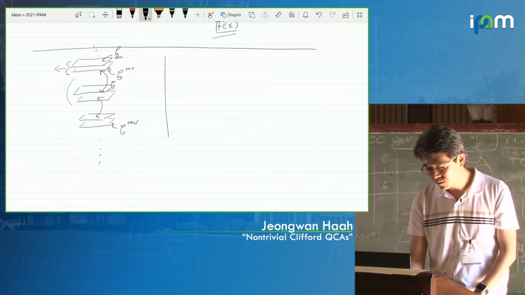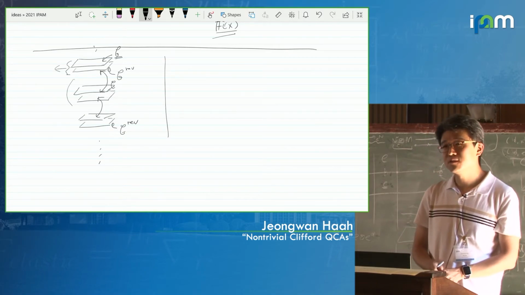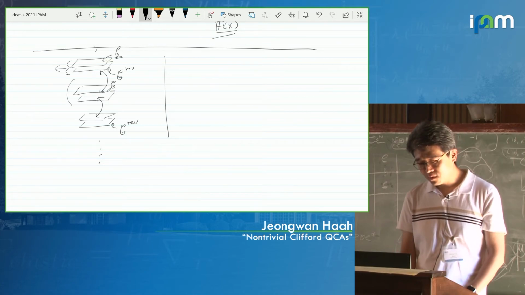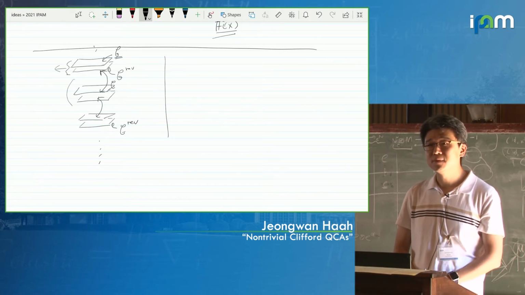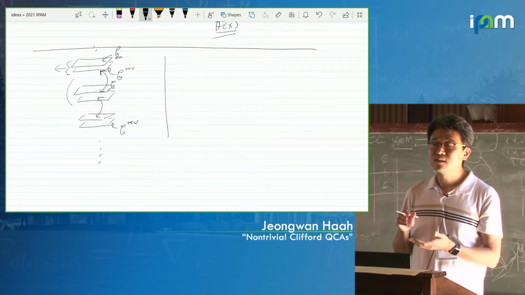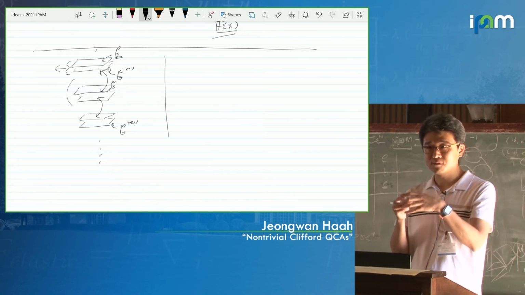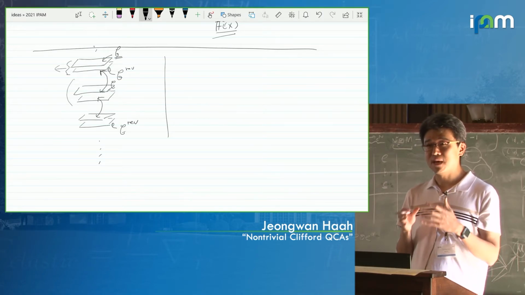You can do a concrete calculation based on this idea, and the calculation is not that trivial. Even if you find the boson in this bilayer system, the operators that fluctuate them may not commute with each other. Then you have to decorate them properly, and it can be a mess.